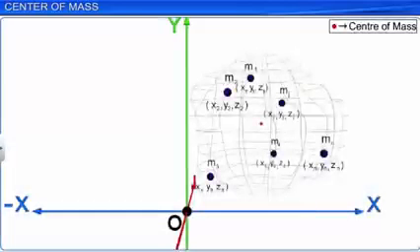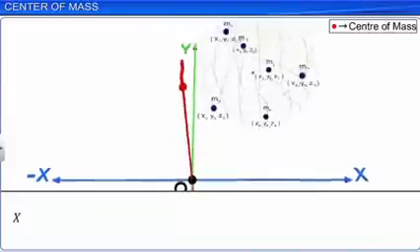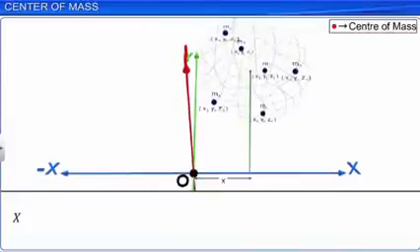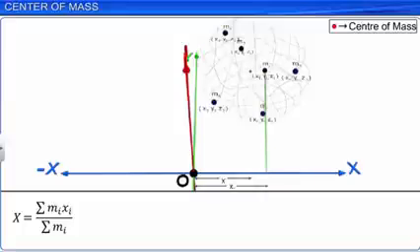If the center of mass C is represented by the coordinates x, y and z, then x is equal to sigma mi xi by sigma mi, which is equal to sigma mi xi by m.